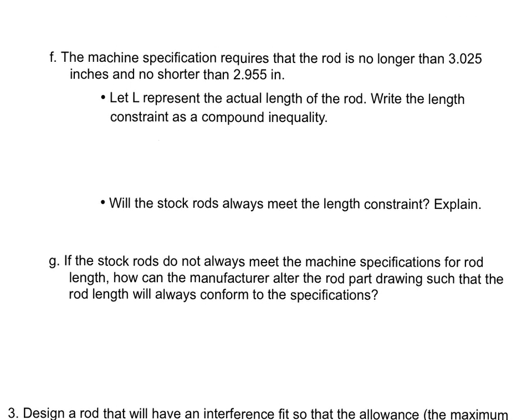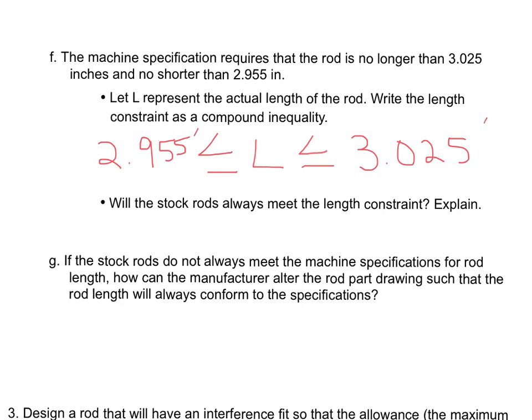The L stands for the length of the rod. It can be no longer, so it has to be less than or equal to 3.025. And it can be no shorter, so it has to be greater than or equal to 2.955. And these are both inches, so I'm going to give them little hash marks.